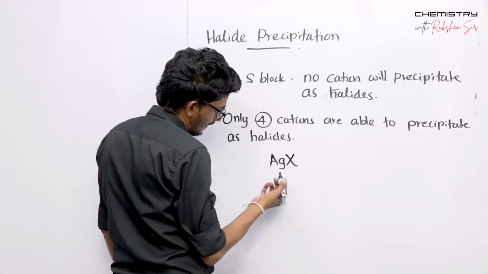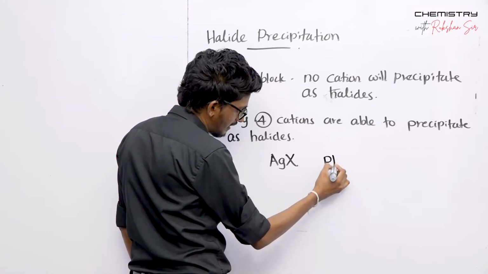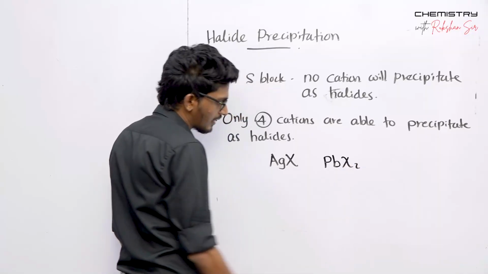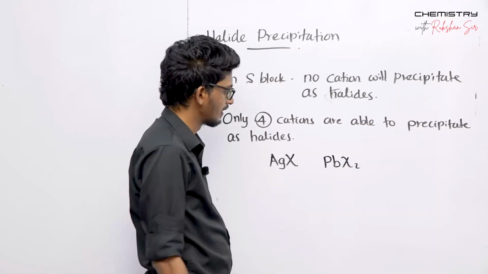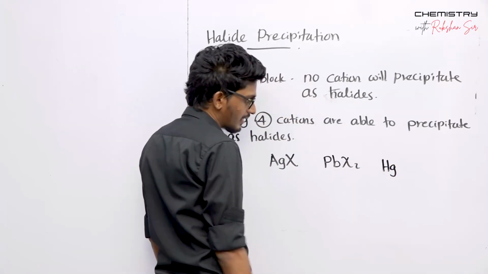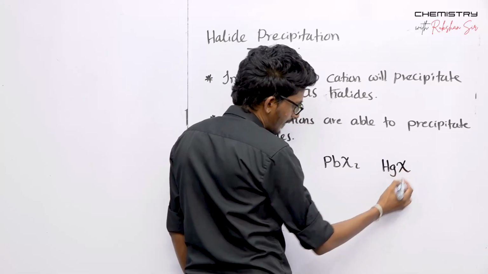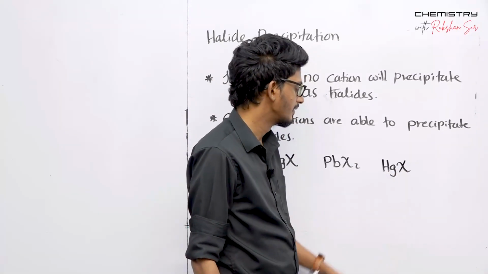So, other guys, you can think of PbX2 precipitation: lead chloride, lead bromide, and lead iodide. What else? Mercury precipitating as halides, HgX, that means mercury chloride, mercury bromide, and mercury iodide.